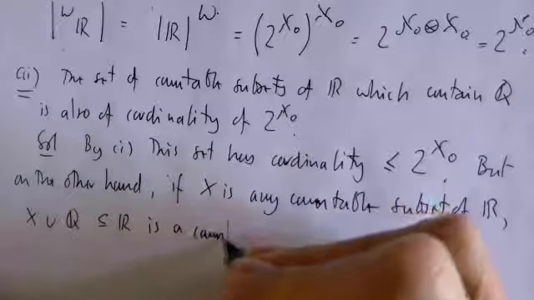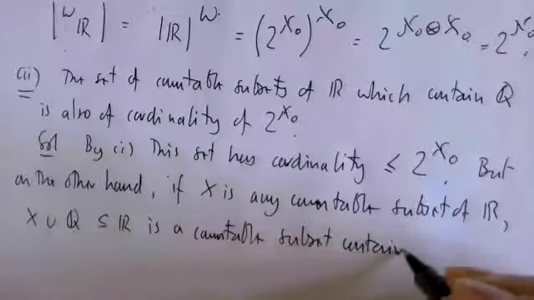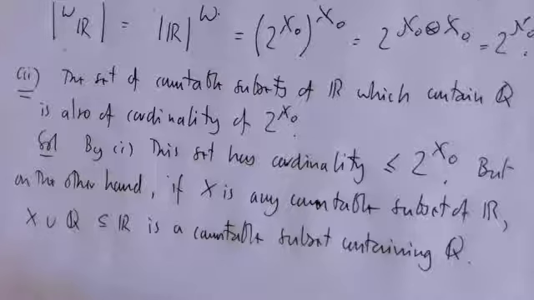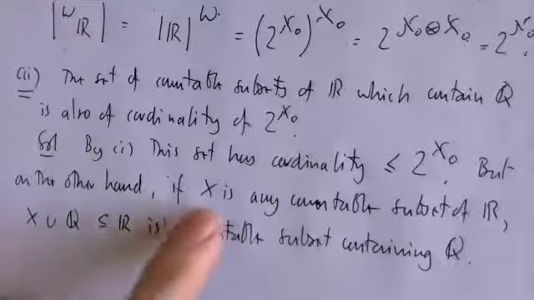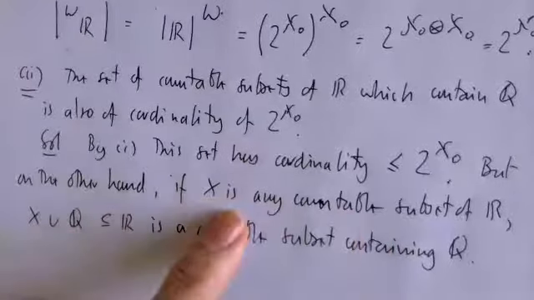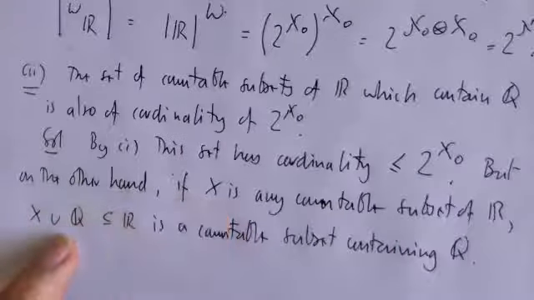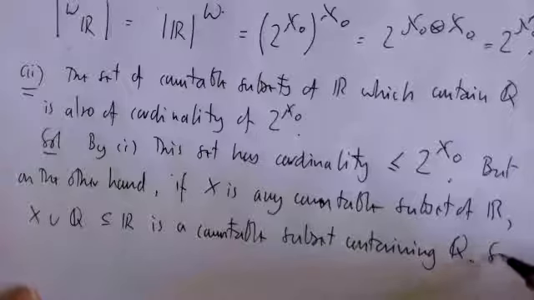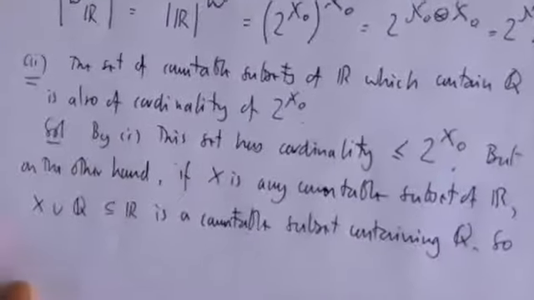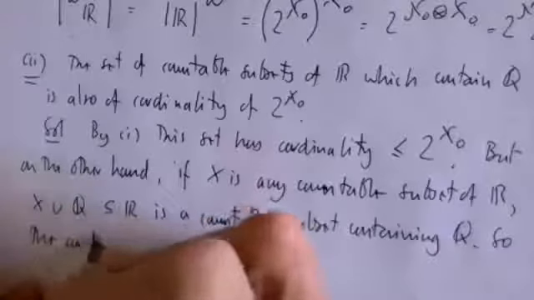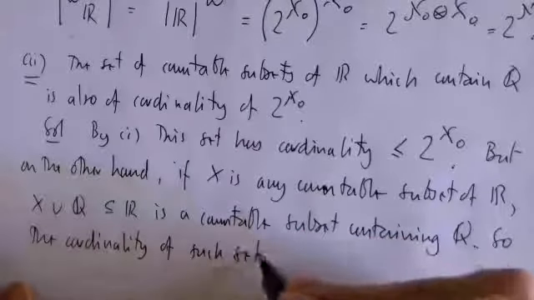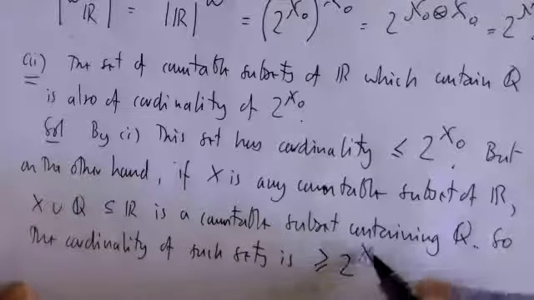So this is a countable subset containing Q. This means that the cardinality of these things is at least 2 to the Aleph 0, because I can take any one of these 2 to the Aleph 0 X's, amalgamate it with Q, and get, again, a countable subset containing Q. So the cardinality of such sets is greater than or equal to 2 to the Aleph 0 as well.